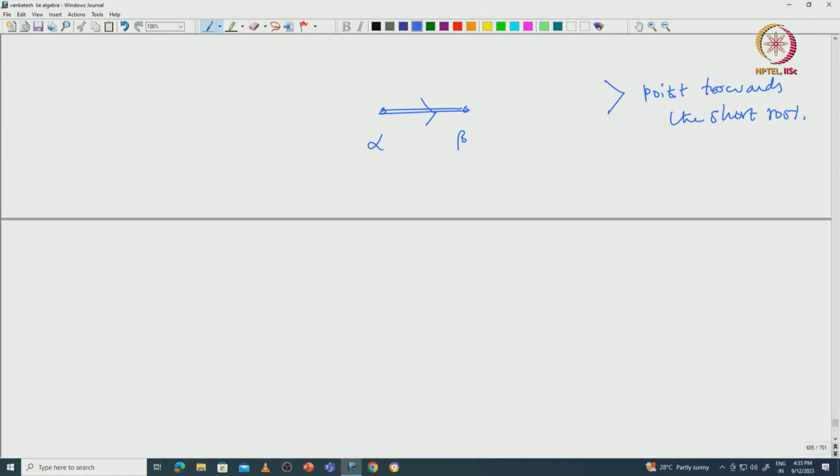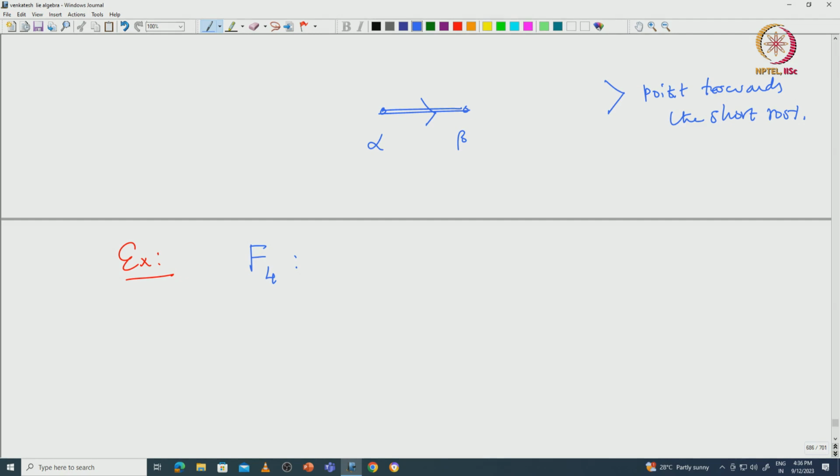For example, I will leave it as an exercise. The following diagram corresponds to the root system F4. We still have not constructed what F4 is, but it is an interesting exercise to get information about F4 directly from the Dynkin diagram.